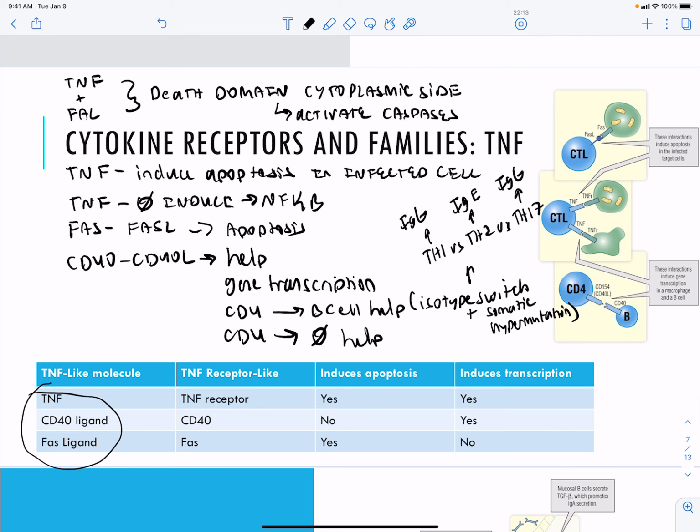And so the CD40 ligand interaction is very important. And so if you have mutations in that ligand, which is also known as CD154, then you have antibody deficiency.